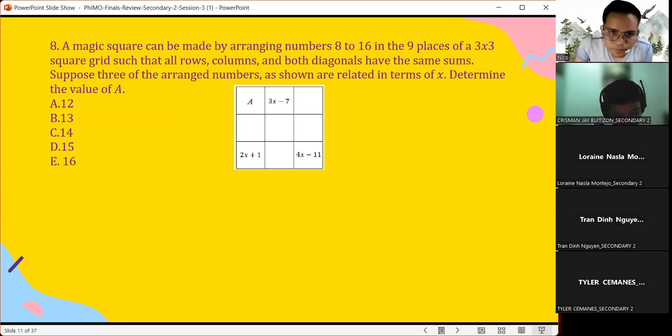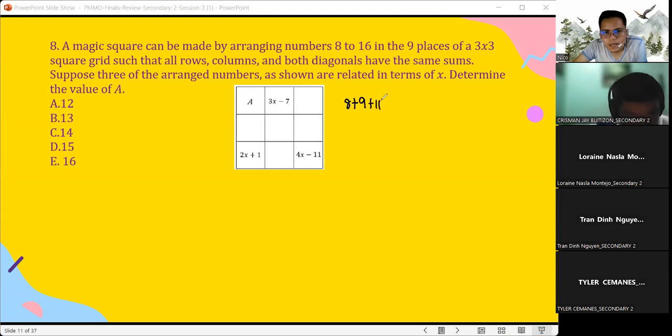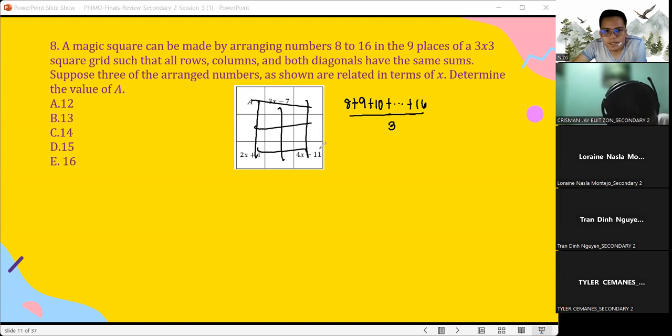Okay, so take note. It's arranged from 8 until 16, right? So 8 plus 9 plus 10 until plus 16 divide by 3 because it's gonna be arranged per 3 per 3, right?